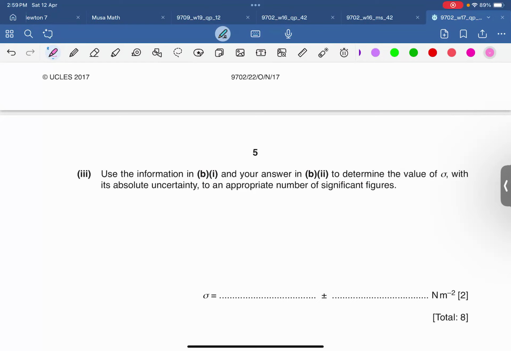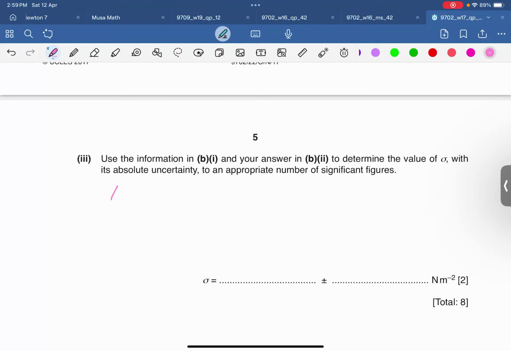अच्छा, देखो उसने कहा use the information in part one and your answer in part two to determine the value of stress with its absolute uncertainty, okay. So absolute uncertainty in stress basically depends upon the percentage uncertainty, right?